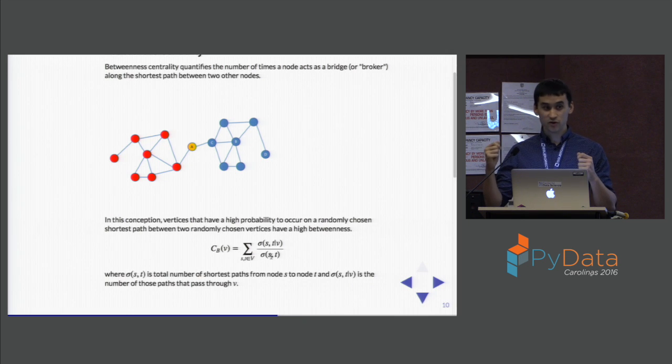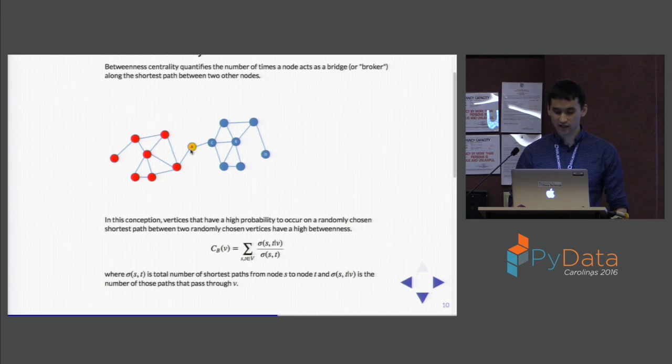Then of all the shortest paths, determine how many of those actually contain your node of interest. Between this node and this node, between this node and whatever, how many of those is A part of that shortest path? Kind of intuitive, but again, very computationally intensive.